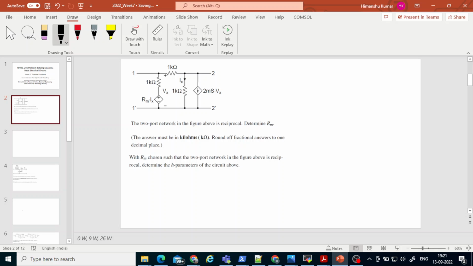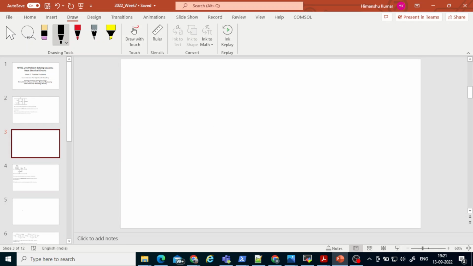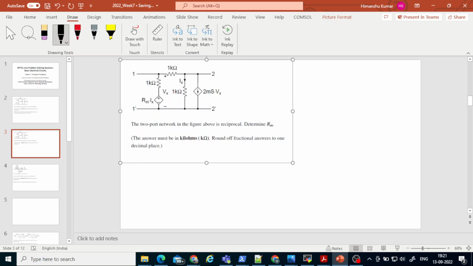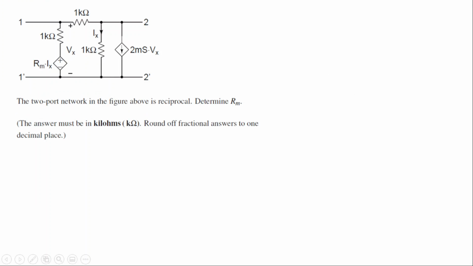Sorry, I discarded it. So what was our equation? Yeah, so our H21 was equal to 0.5. Okay, so now let's solve for the other one, H12.